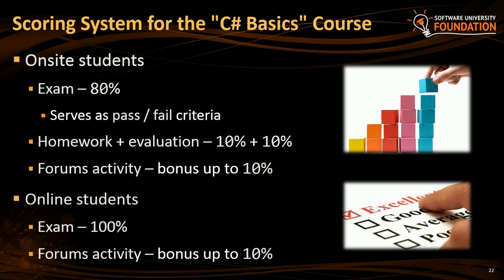But we split the course criteria into 2 types, for online students and for on-site students. On-site students need to pass the exam, and need to submit homework and evaluations, and the online students for this course are not required to have homeworks.